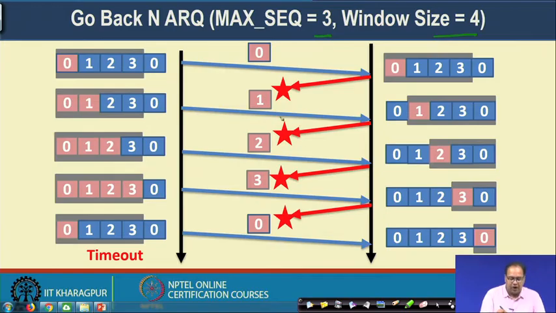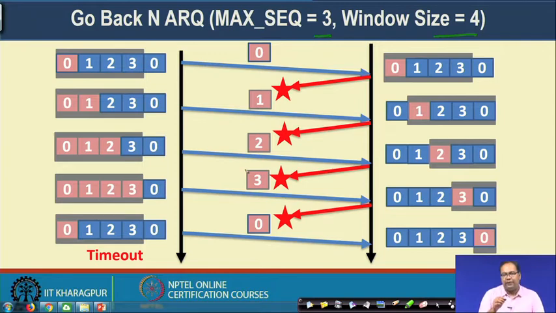The receiver has sent acknowledgement 1. Again this acknowledgement got lost. The sender has transmitted frame 2. The receiver has received this frame 2, shifted its receiving window and transmitted the acknowledgement. That acknowledgement got lost. The sender has finally sent 3. The receiver has received that frame, shifted the window and sent the acknowledgement, and again the acknowledgement got lost.